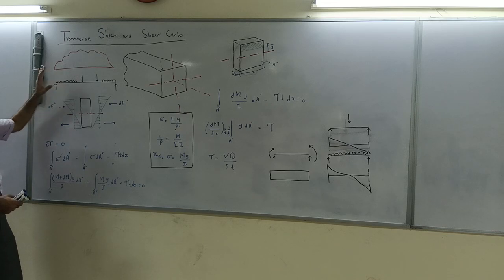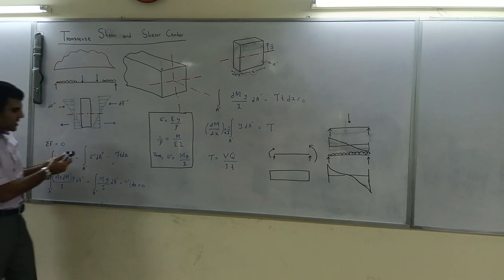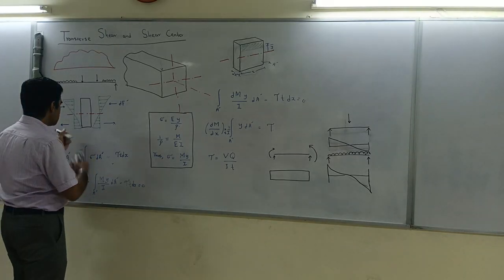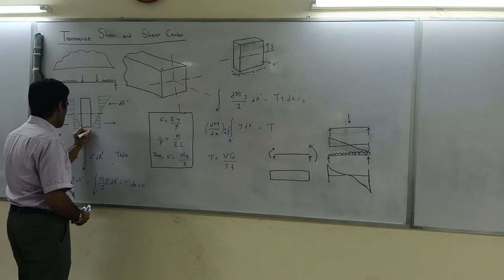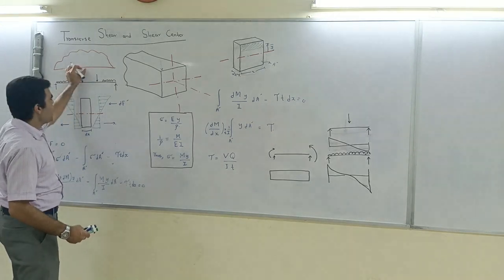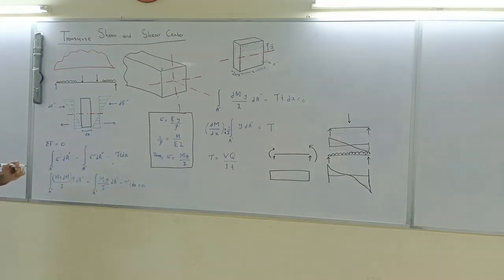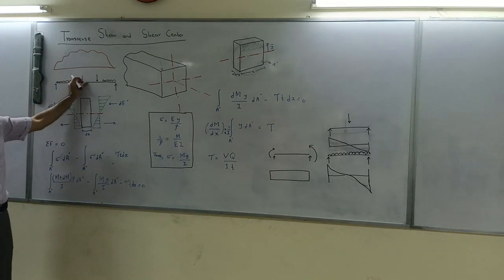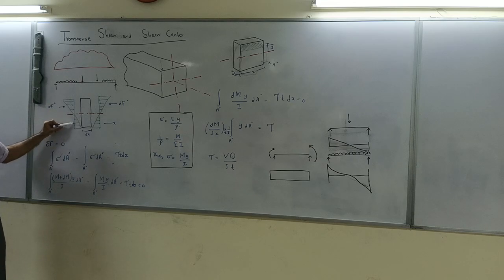So, what happens? Imagine I take a small portion of this bending moment diagram, a small portion of this length. On one side, it would have a moment diagram which is shown over here at the cross section.